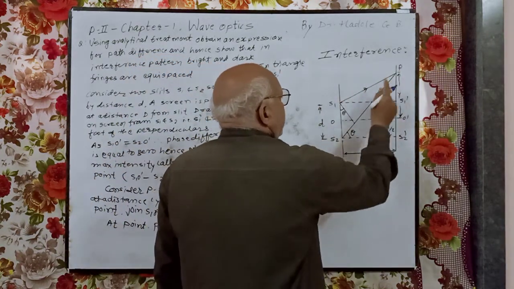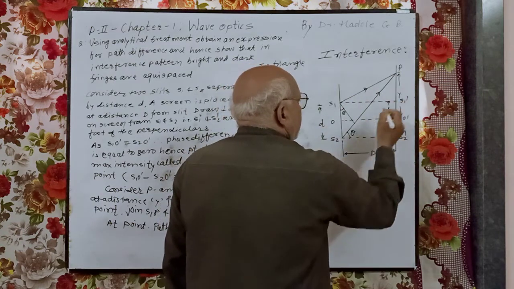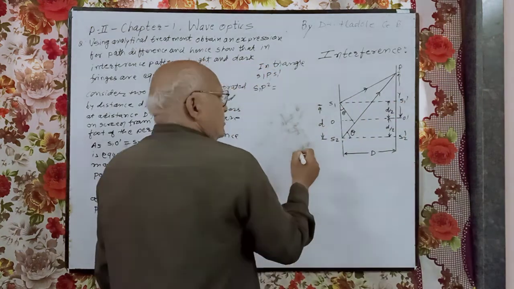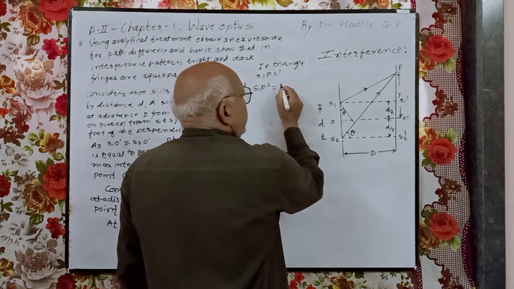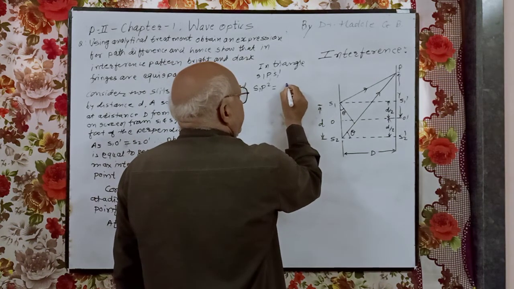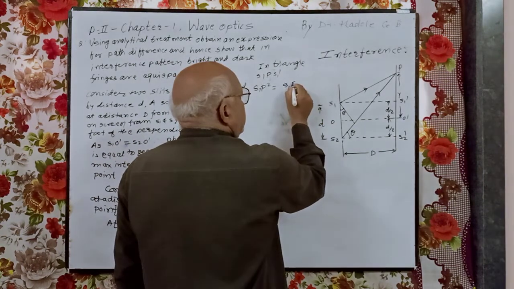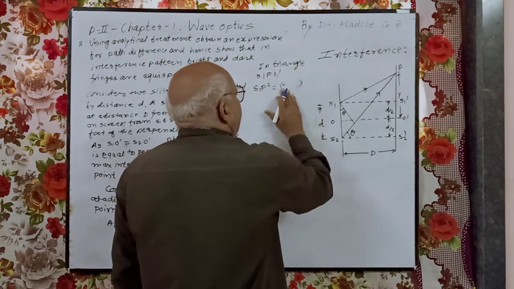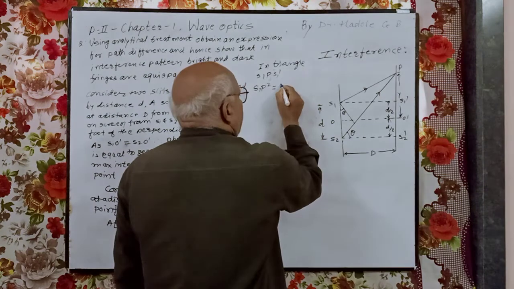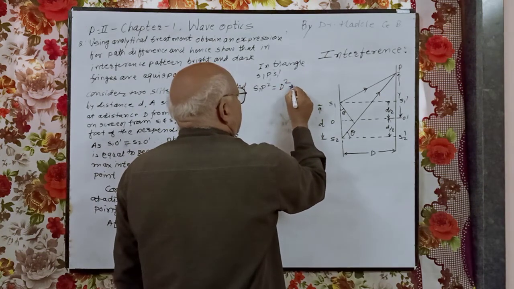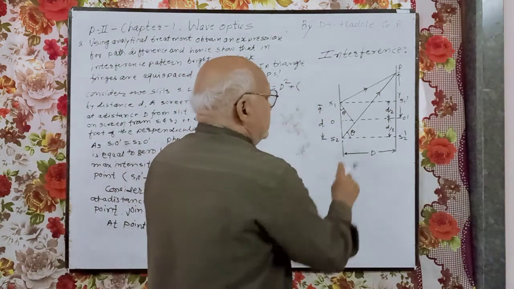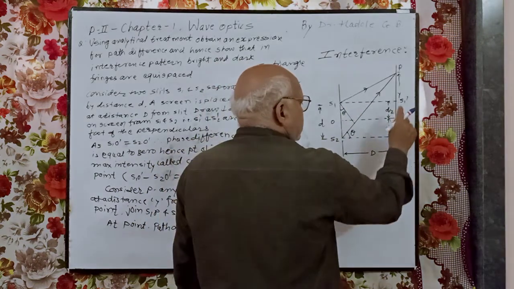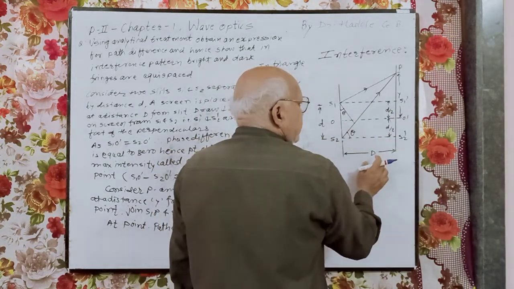See here, this is the hypotenuse for this triangle, and therefore it will be equal to capital D square plus S1 dash P square.